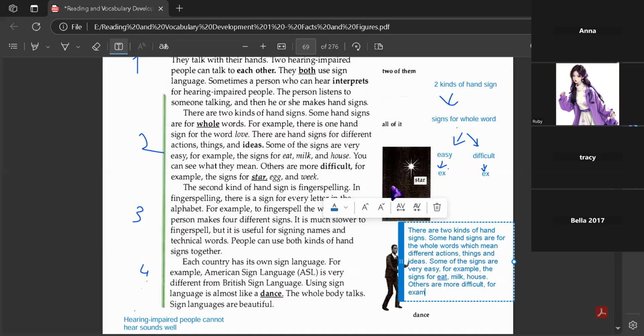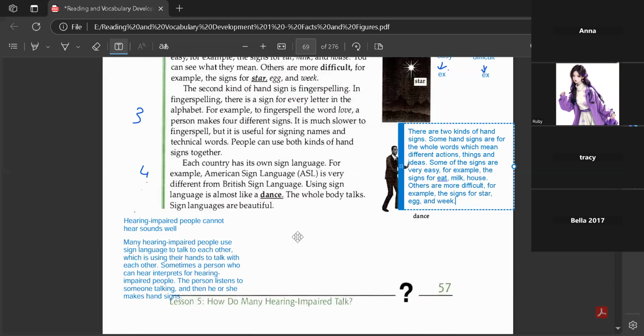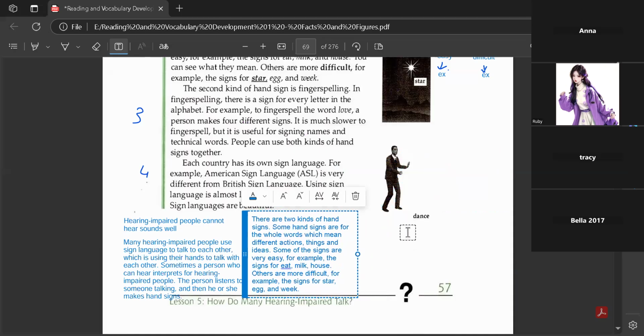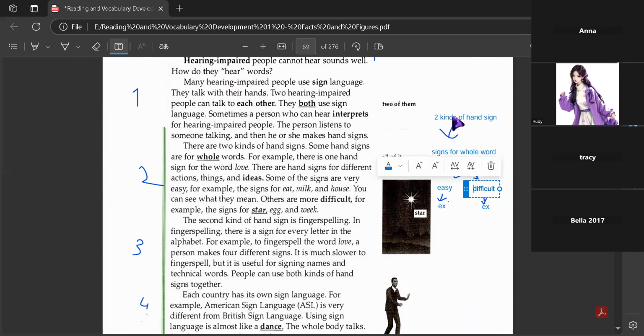For example, the signs for star, egg, and week. Okay, so this is the second paragraph. I will erase this.